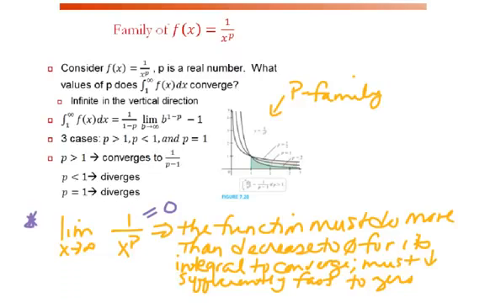However, the limit going to 0 does not necessarily determine what's going to happen to the integral. So it has to do more than just decrease to 0 for the integral to converge. It's got to do that sufficiently fast.